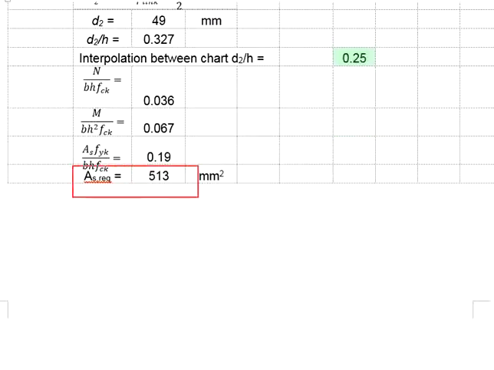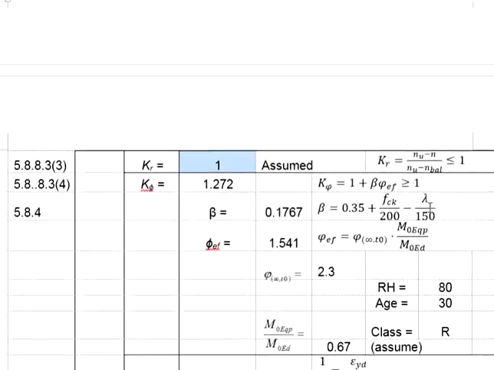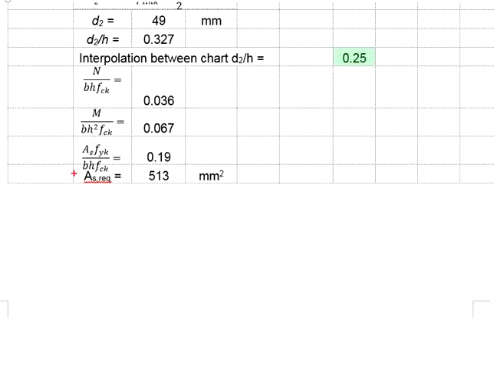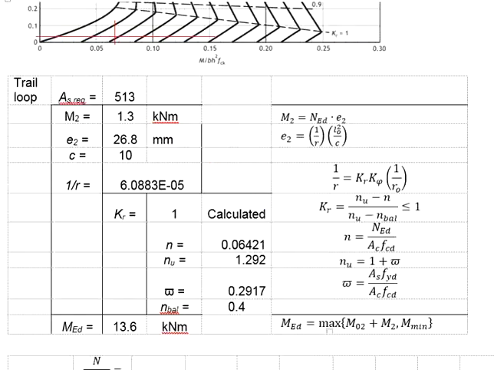Now we have the AS required in the column. Remember in our previous calculation, we did not know the AS provided and therefore we assumed the KR. Now we have the AS required. We use this AS in order for us to compute the KR.